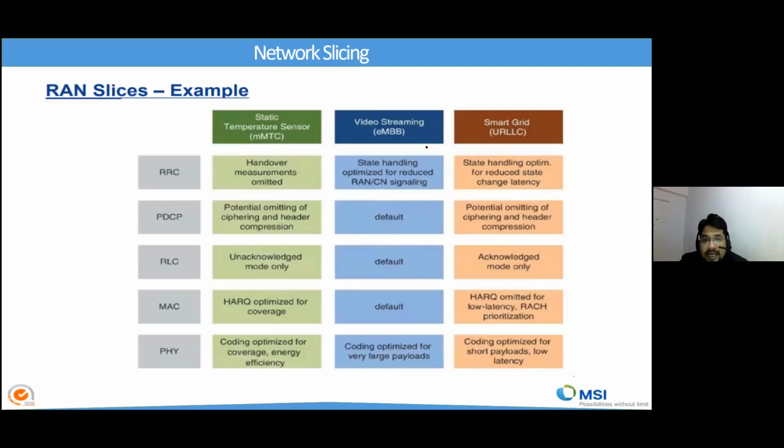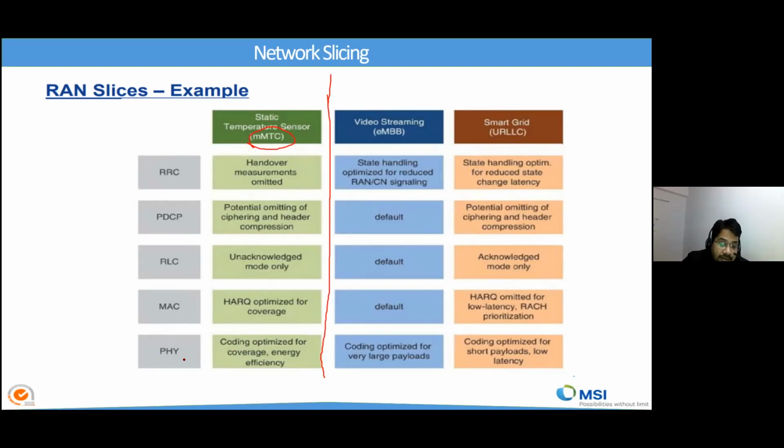So this is another concept here. Here is an example of the RAN slices, which are based on the different layer functions. For example, the physical layer does the coding, turbo coding, convolution coding, multiplexing, etc., right, for any signal. So if we take an example where the operator has provided a slice for IoT, how will these layers look for that particular slice?